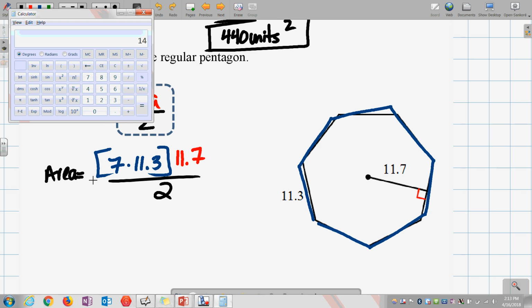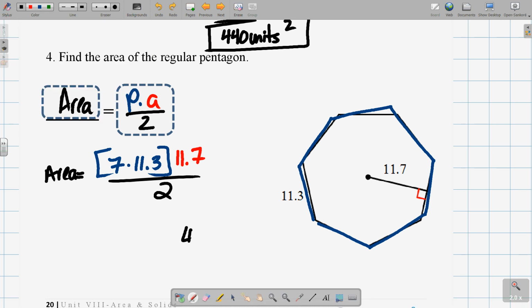So if you're one of those third that got it wrong, make sure you write yourself a note on what to do differently next time. 7 times 11.3 times the apothem, 11.7 divided by 2. Decimals are fine. 462.735. Check units.